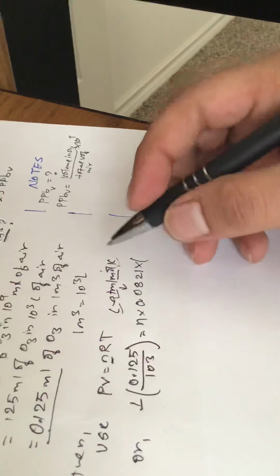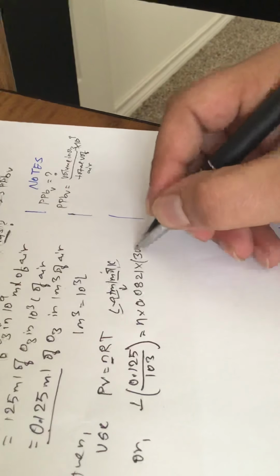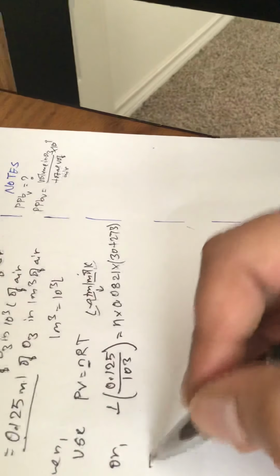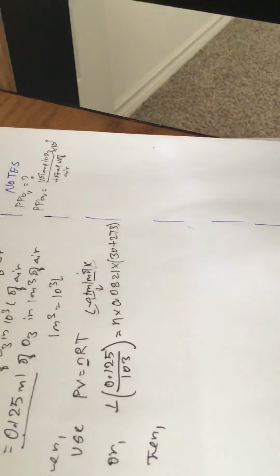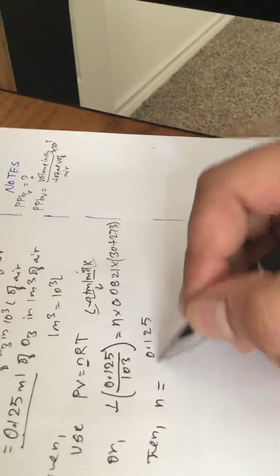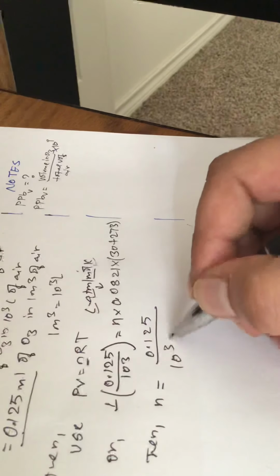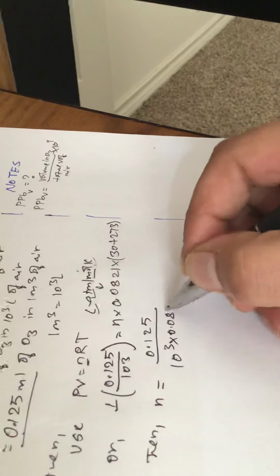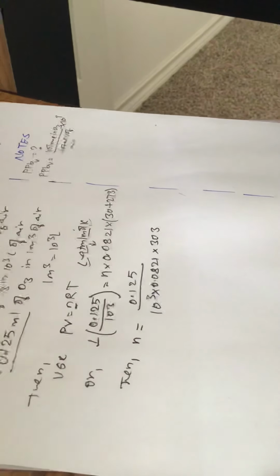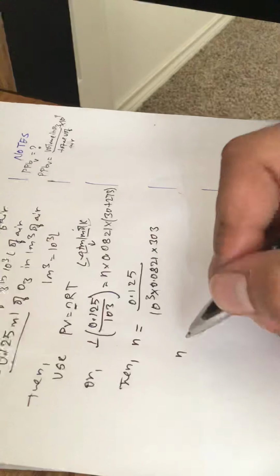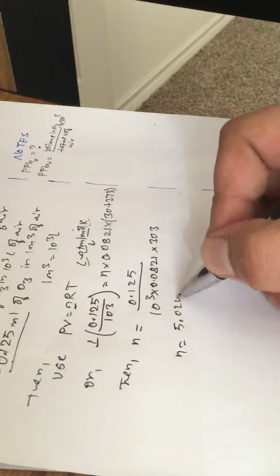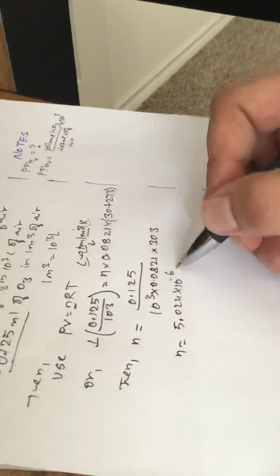Temperature we have to put in Kelvin, so 30 plus 273. Solving this, n equals 0.125 divided by 10 to the power 3 times 0.0821 times 303. What does that give us? It gives us 5.024 times 10 to the power negative 6 moles.